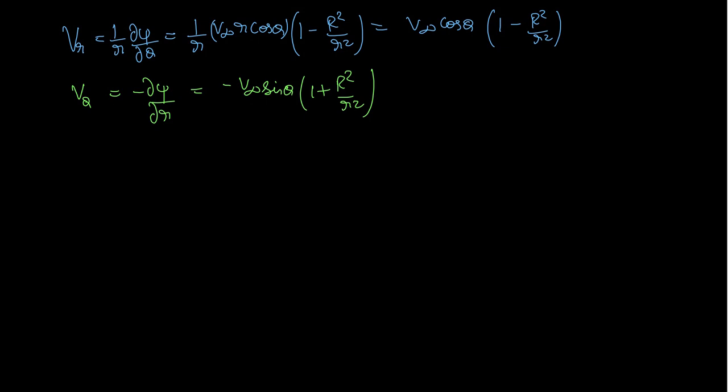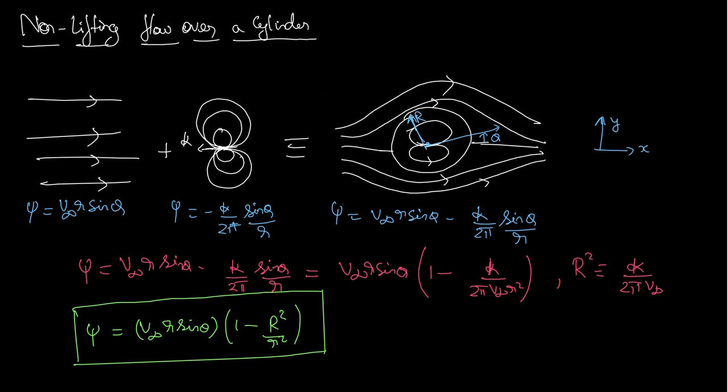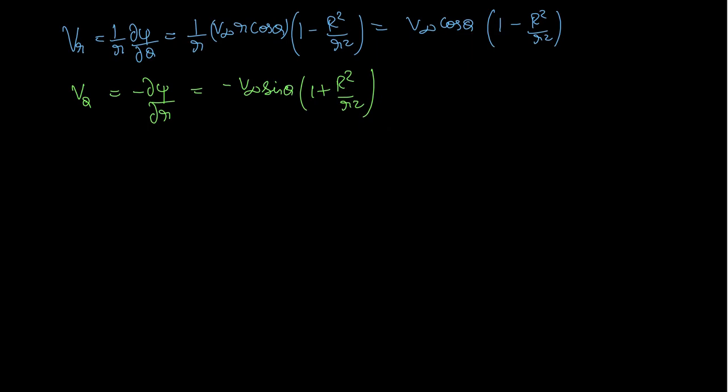So since we have got Vr and V theta, we'll try to calculate the stagnation points. We can observe from the figure that we need to get two stagnation points, from the flow field. Let's see if that comes out mathematically also. So to find the stagnation points, we equate Vr to be 0 and V theta also to be 0.